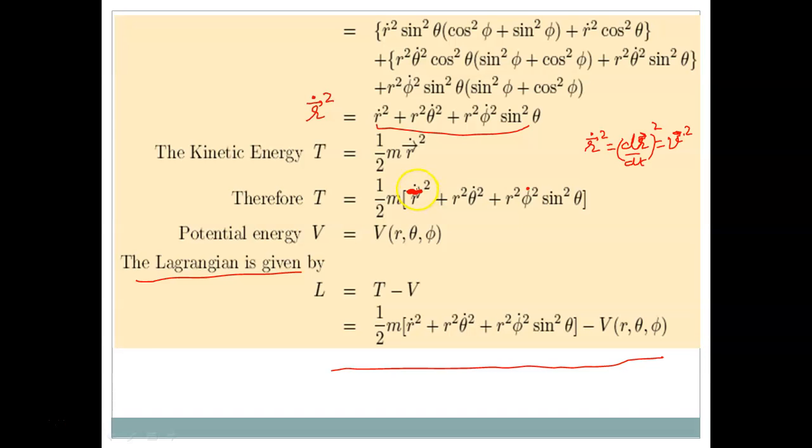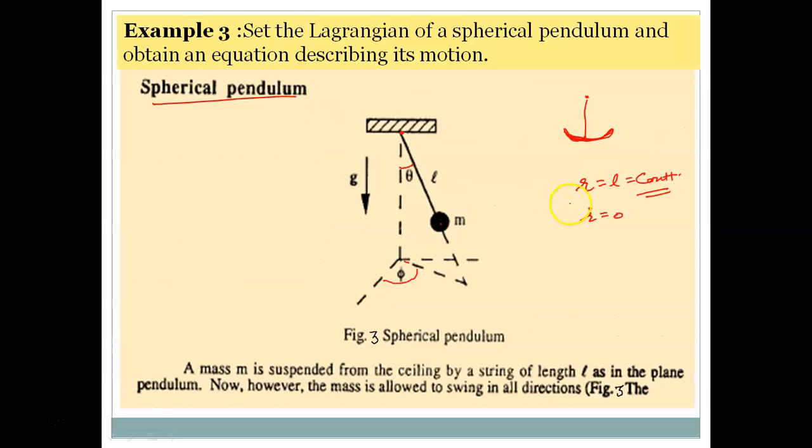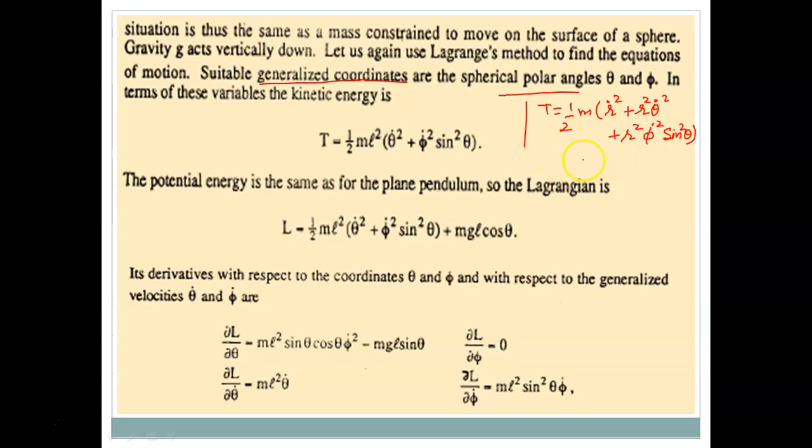If we compare the situation here, r is L, r dot is 0, so this part is 0, and we are left with L square. Taking L square outside, 1 by 2 m L square times theta dot square plus phi dot square sine square theta. So this is the value of kinetic energy.